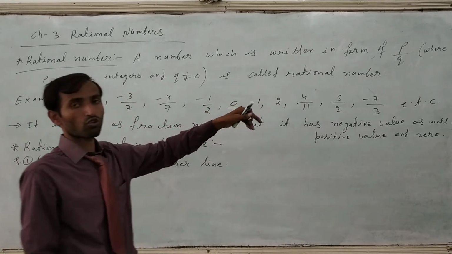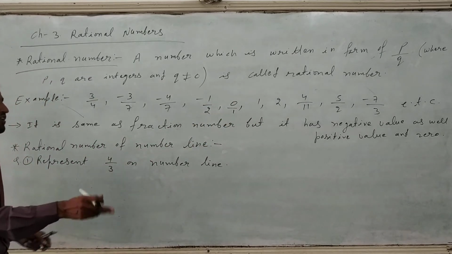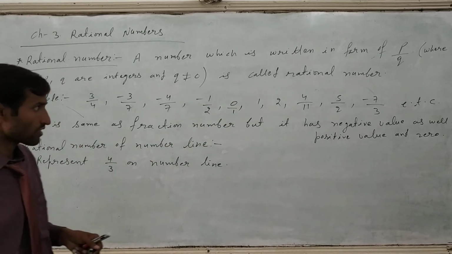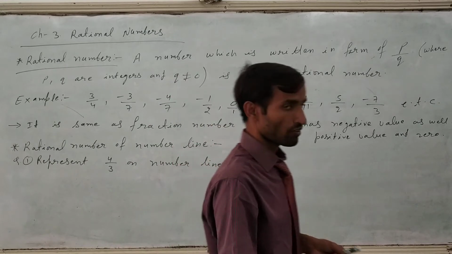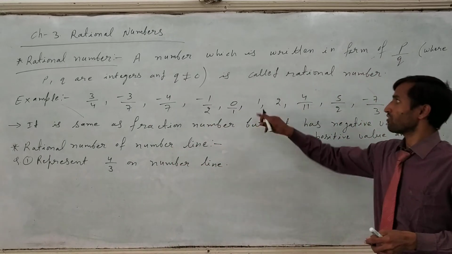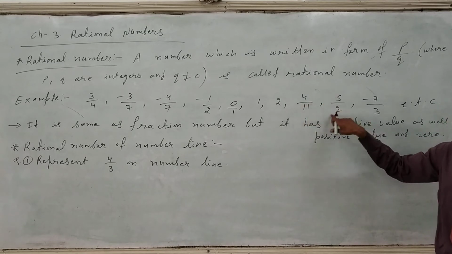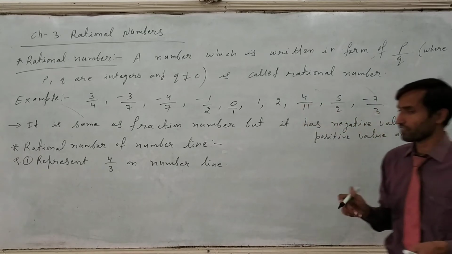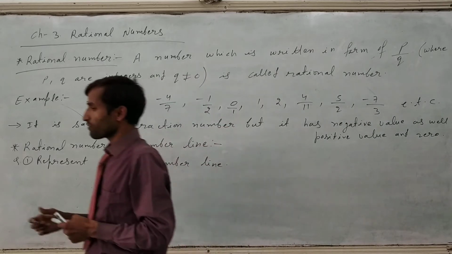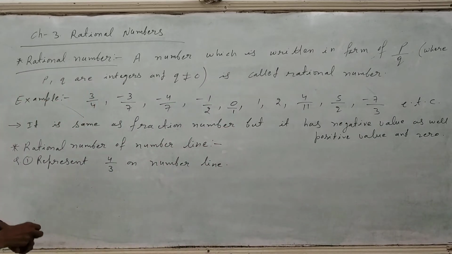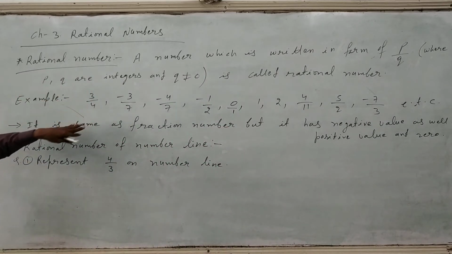Every integer we can say is a rational number, but vice versa is not correct. Numbers like 1 upon 1, 2 upon 1, 4 upon 11, 5 upon 2, minus 7 upon 3 will come. So you can say these are rational numbers.